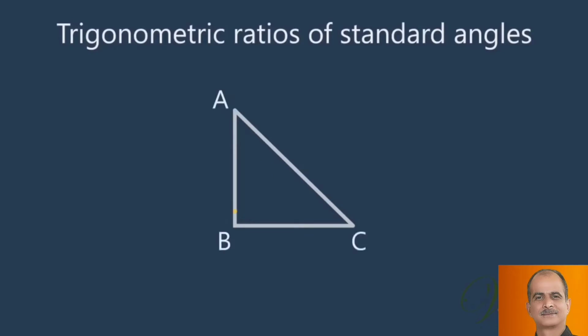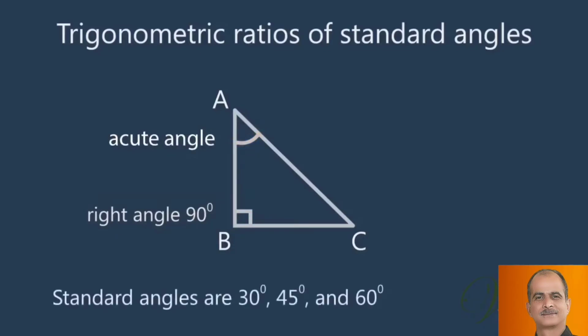Here in triangle ABC, measure of angle B is equal to 90 degrees, a right angle. Angle A is an acute angle. Standard angles are 30 degrees, 45 degrees and 60 degrees.